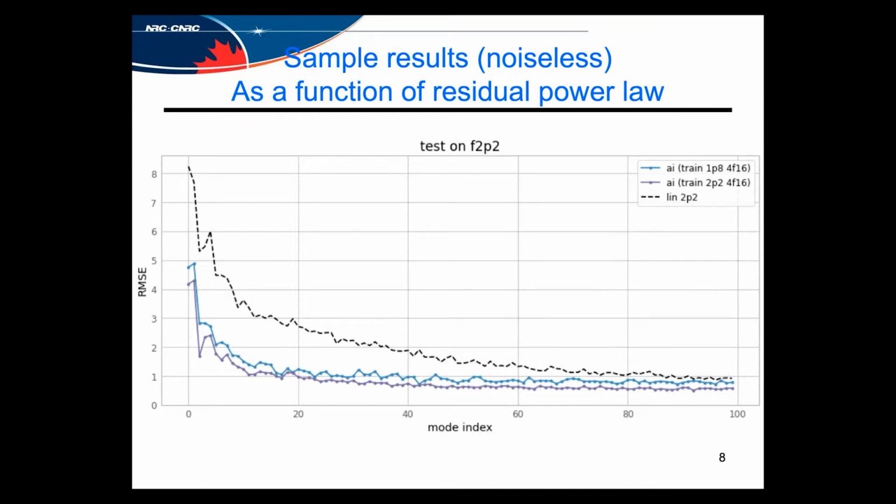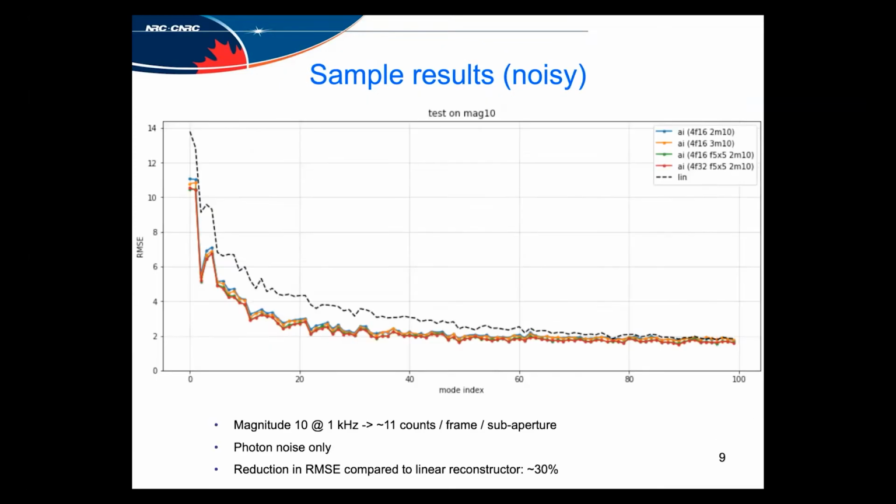This is an example where we test on a set that has an f-2.2 power law, but we train with either an f-2.2 power law or an f-1.8 power law. Not surprisingly, if we train with the right statistics, we do better, here in the case of the purple. But we don't do much worse if we train on different statistics.